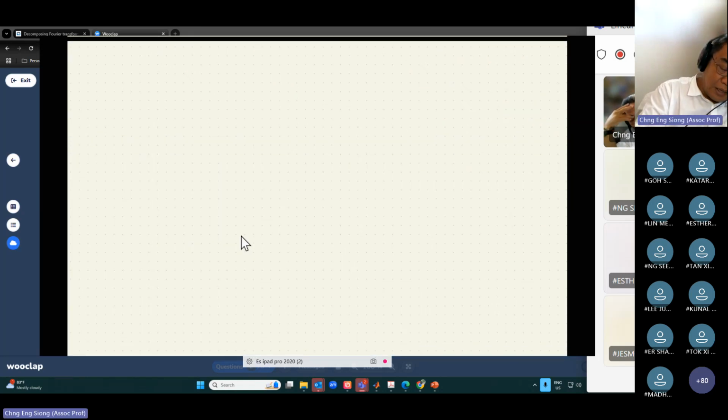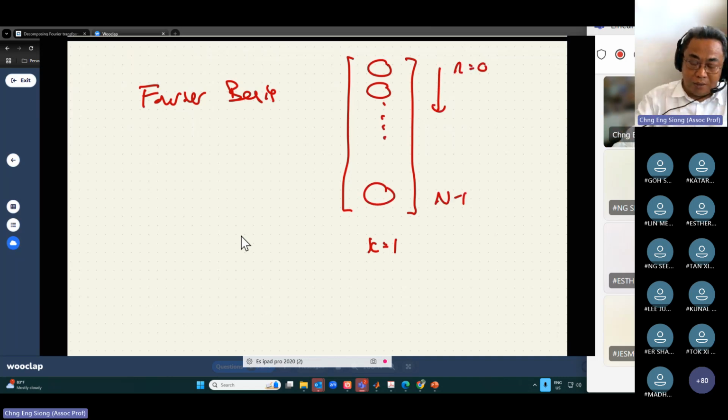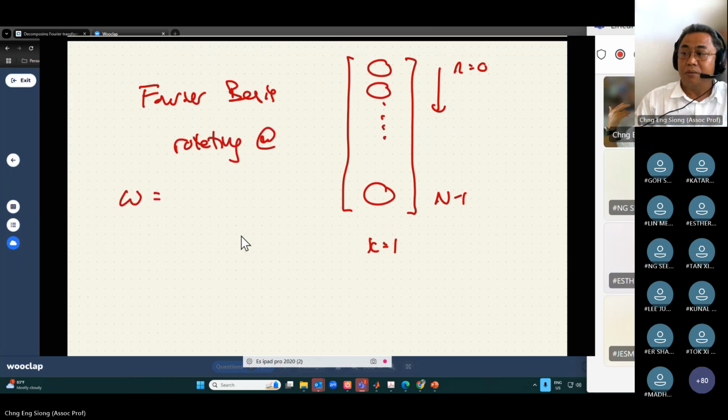Now, therefore, you realize that in our Fourier basis, the vector that is running with k equals to 1 is the most interesting one. The elements running from n equals to 0 to n minus 1 are rotating at what frequency, guys? At what frequency? Come on, guys. In N samples, he will make one complete round.